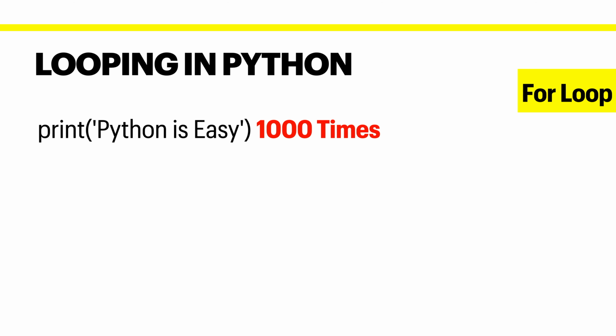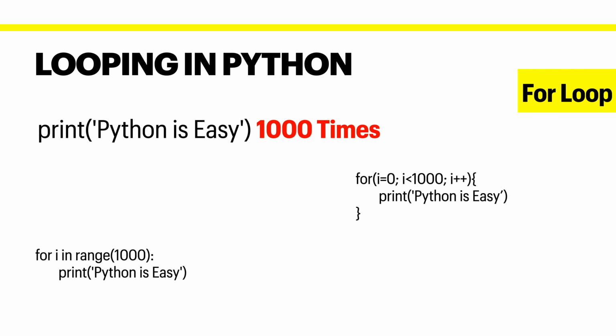A basic for loop in Python looks like this. You might notice that this syntax is very different from other programming languages. For example, a for loop in Java looks like this. A variable is initialized, then we check for some condition, and if the condition is true, we enter into the loop.